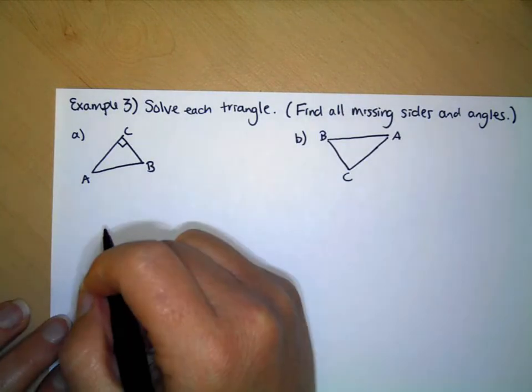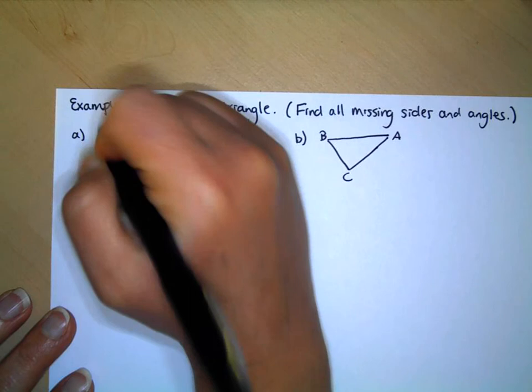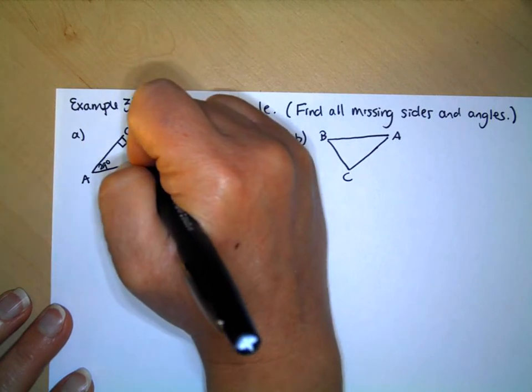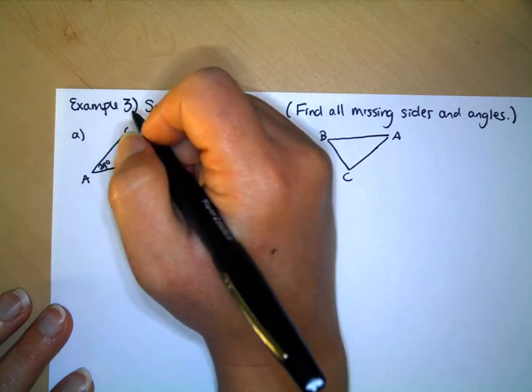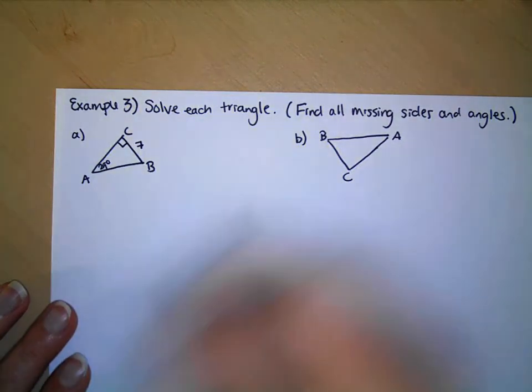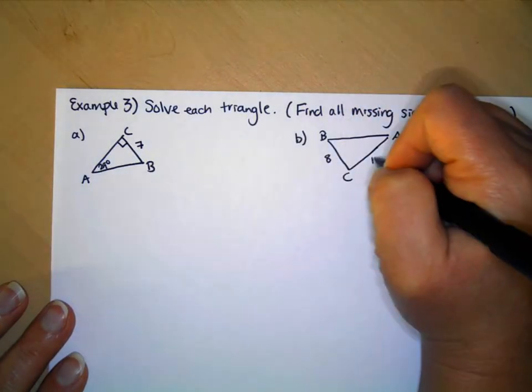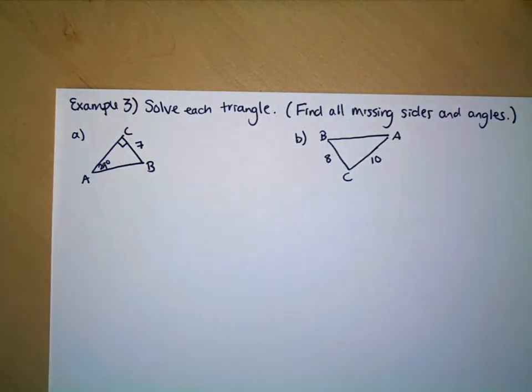So in example 3A, angle A is 29 degrees, side A is 7, and in example 3B, we know that side A is 8 and side B is 10. And we're going to have to find all the other missing pieces.